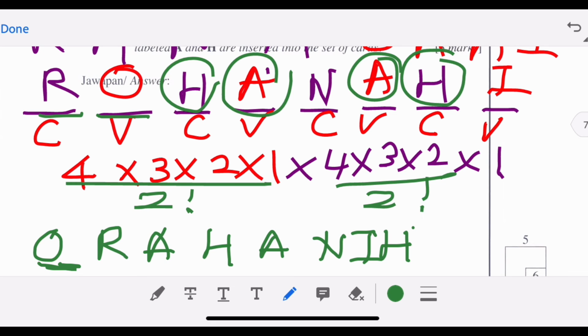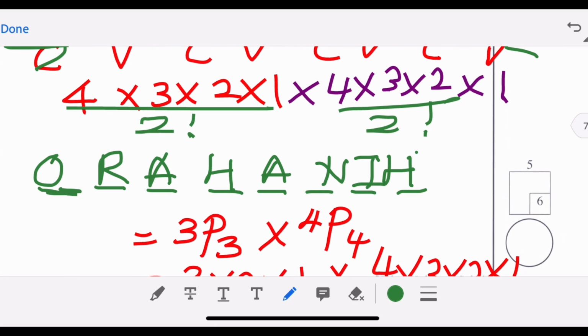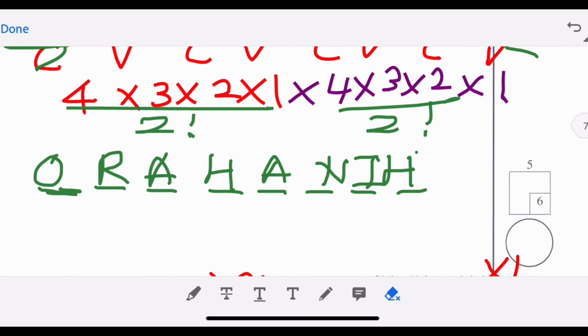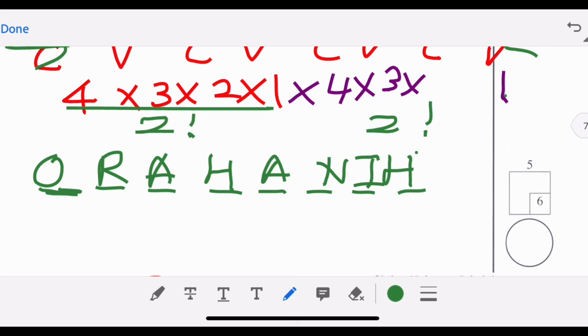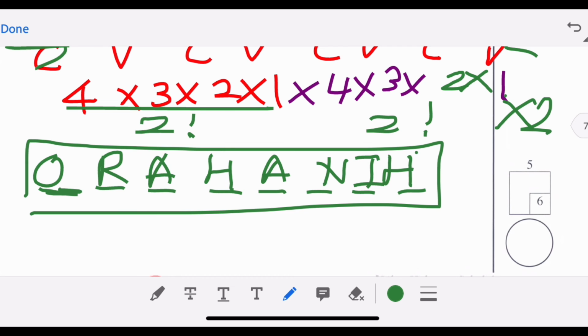Just now is RO, now is OR, A, H, A, N, I, H. That means from this side or this side, we have 2 possibilities. So that means we have to multiply this answer by 2 due to the different ways of arranging.